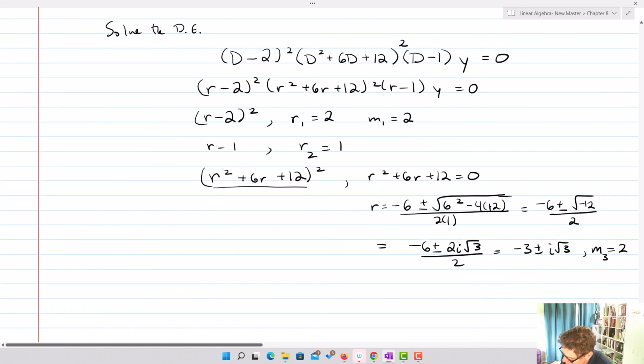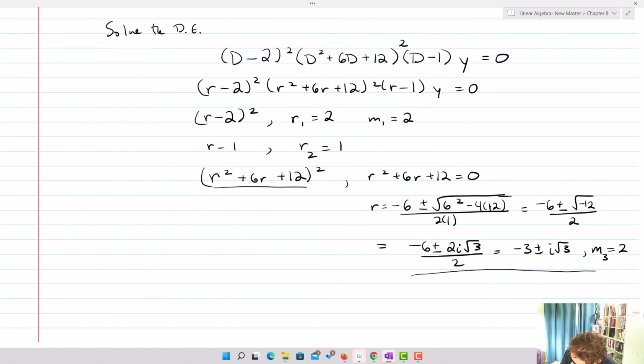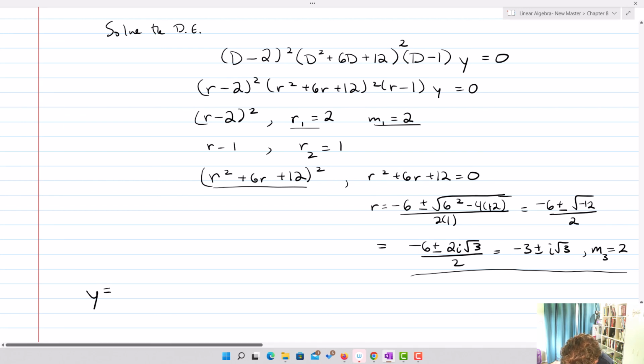So now we're going to use these. We're going to actually break out all of our different techniques here. We'll first start out with our repeated root for r1. So y is going to equal C1 e^(2x) plus C2 x e^(2x) because we have the repeated root. Plus, for r2 equal to 1, that's just going to be C3 e^x.